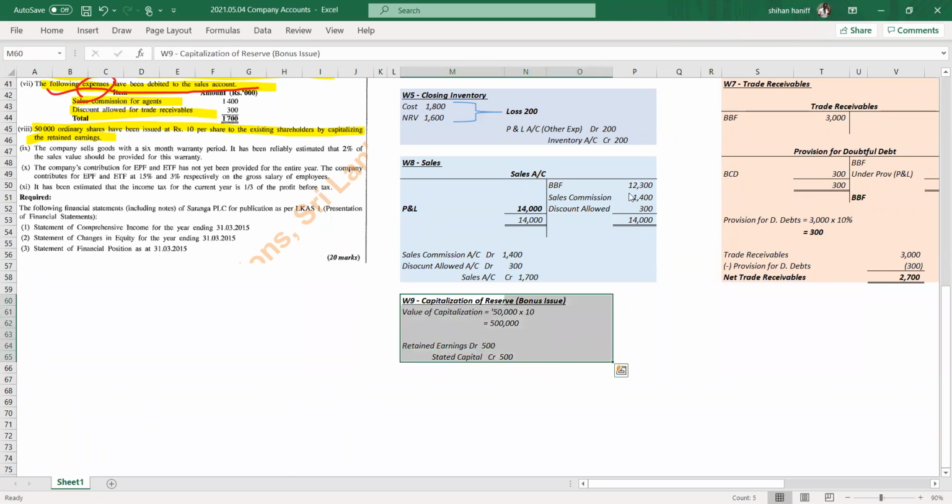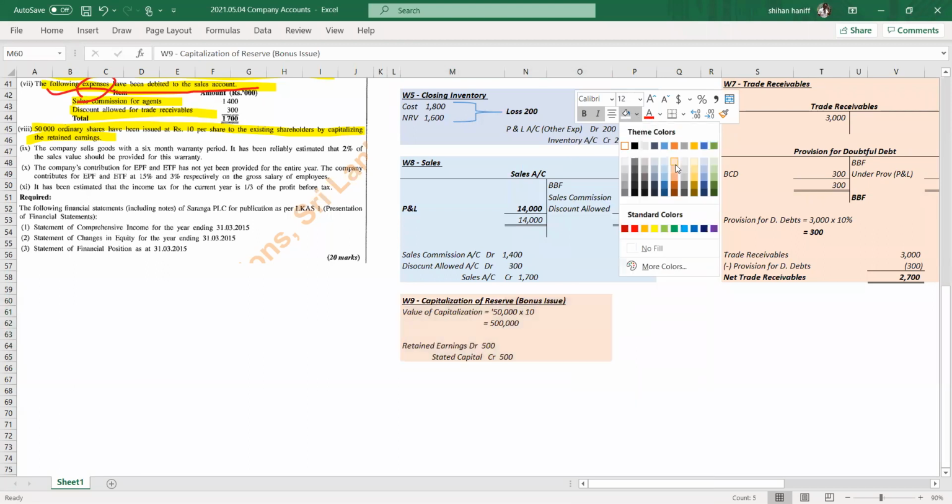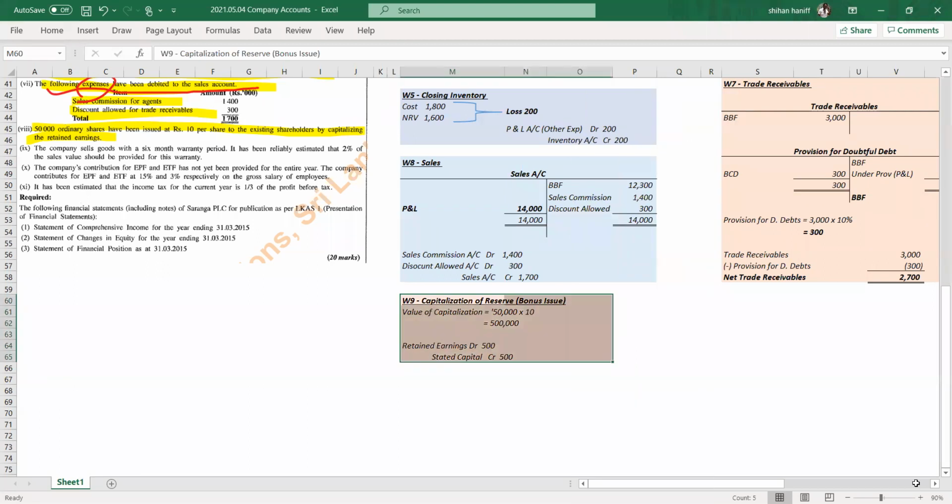Bonus issue. Why retained earnings minus and stated capital plus? That is because the retained earnings balance is being transferred to stated capital. I'll explain why this happens.